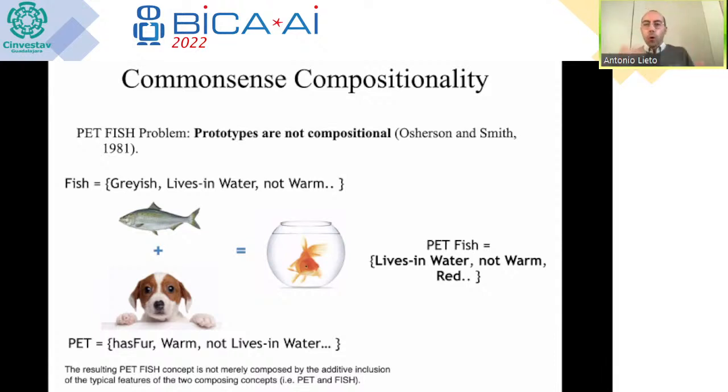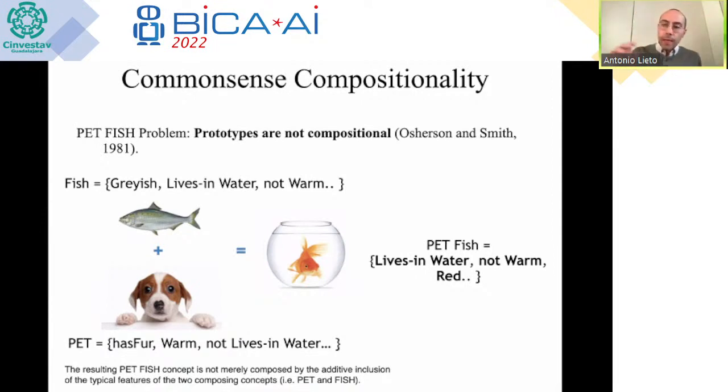We see that the composition of this concept is not merely done by the additive inclusion of the typical features of the two composing concepts, but there are some elements which are inherited from one of the two concepts, and some elements which are not inherited. There are new features, like the fact of being red, that are inferred. So this is a challenging problem to solve for an artificial system, but it is a crucial problem to solve because the way in which we invent and generate novel knowledge follows, in most cases, exactly this type of approach.